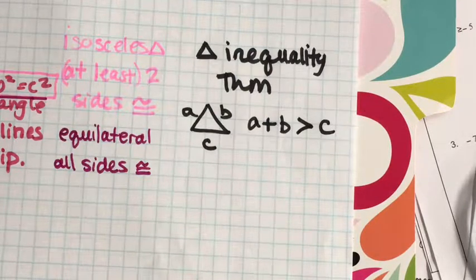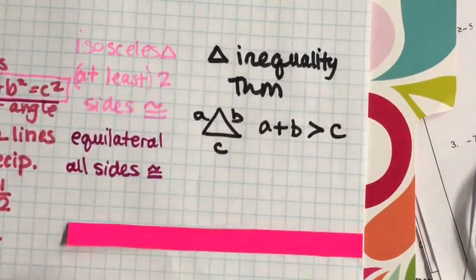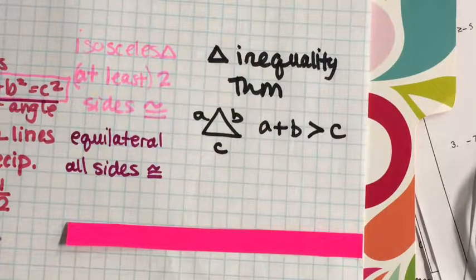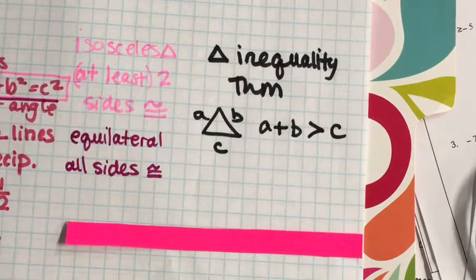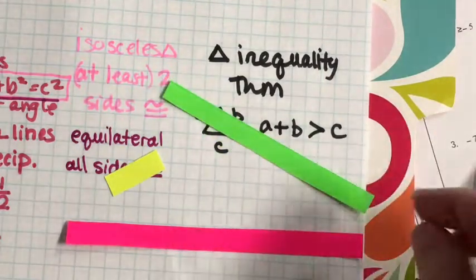Do you want to see an example of this? Here we go. Here we have one side, right? And then I have another potential side and another side right here.